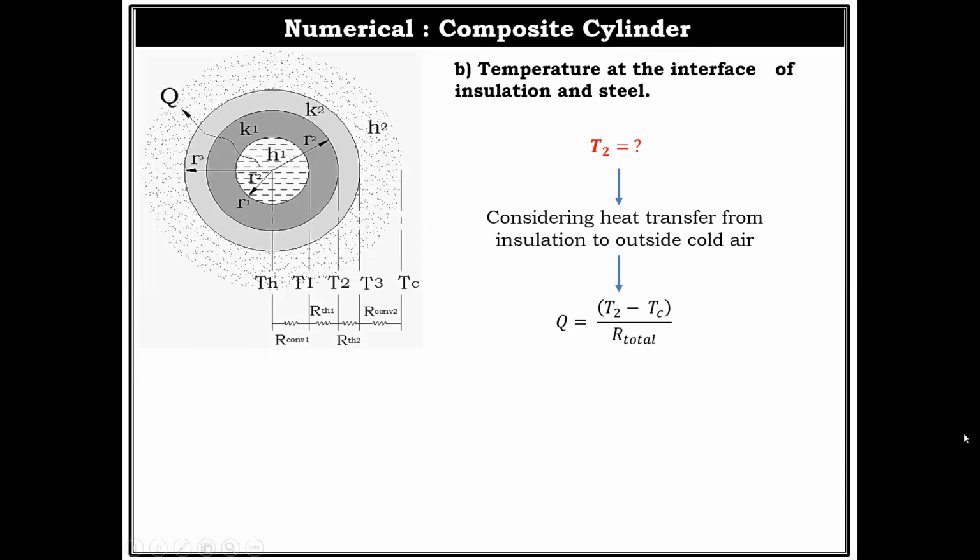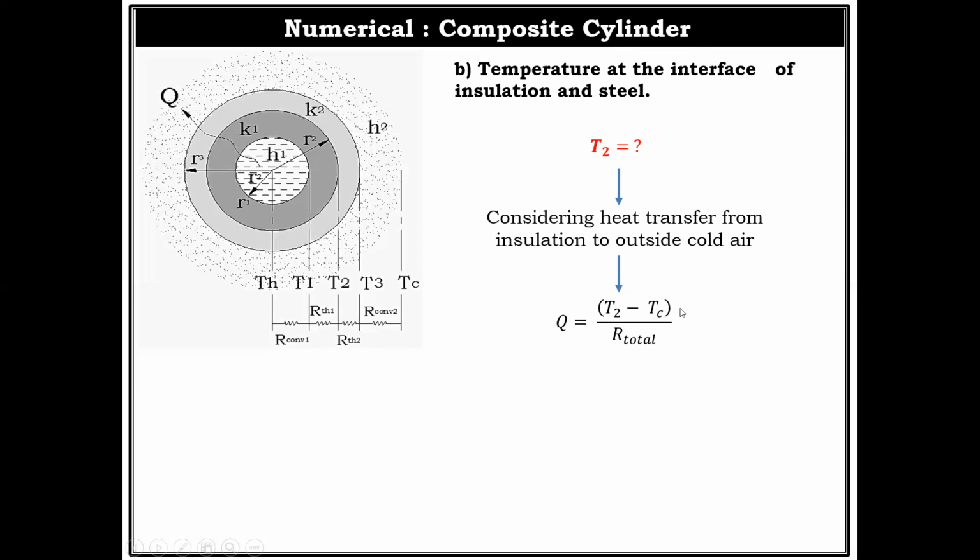So at that time Q will be T2 minus TC. Why are we not considering only the insulation, T2 to T3? Because at that time T2 and T3 both are unknown. So we have to consider T2 to TC. TC we know. In the previous option, we considered TH to T2 because we know the TH value.